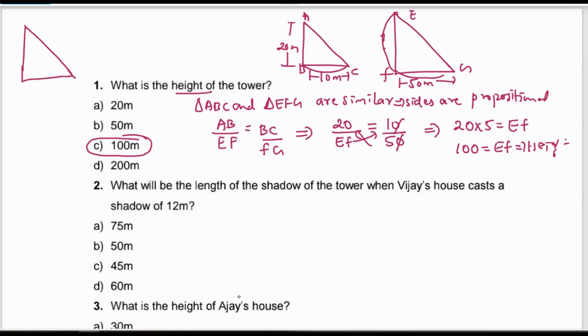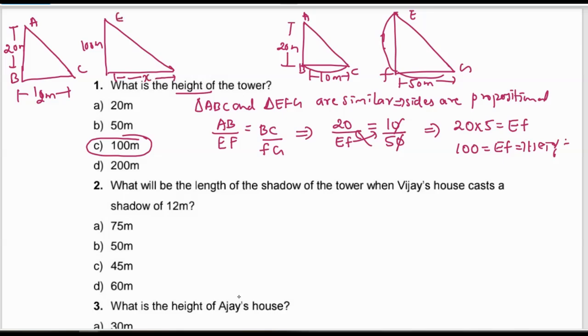The shadow is now 12 meters, and this is 20 meters. Here we have the height we found, 100 meters, and we have to find the shadow of the tower, that is X.